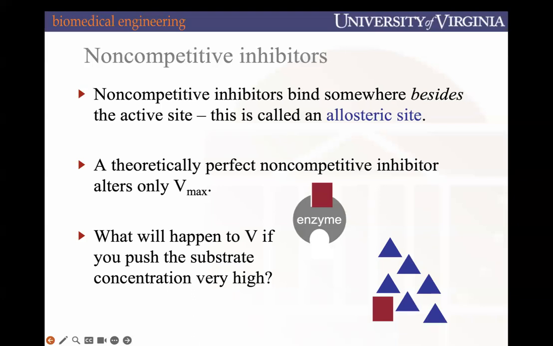In a realistic situation, if it's reversible, it'll undock, but then a new non-competitive inhibitor will come in and dock. So if it's an effective enough non-competitive inhibitor, it will lower the Vmax. The degree to which the inhibitor works is the degree to which it lowers the Vmax. Does that help answer your question?